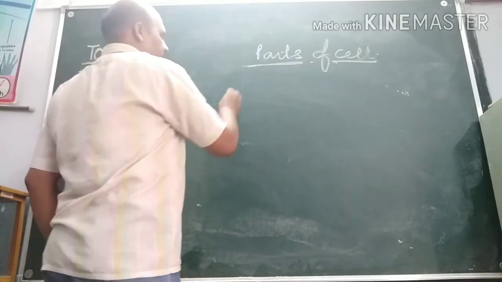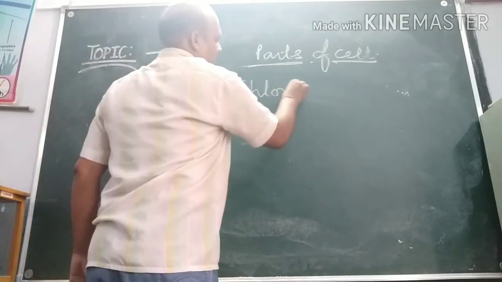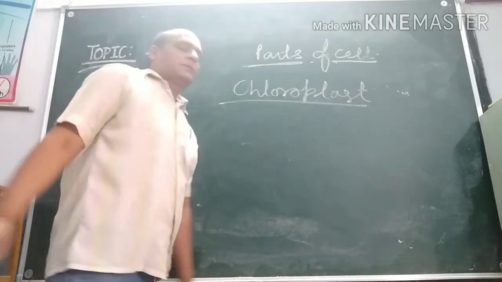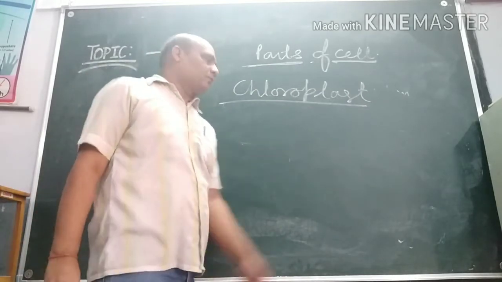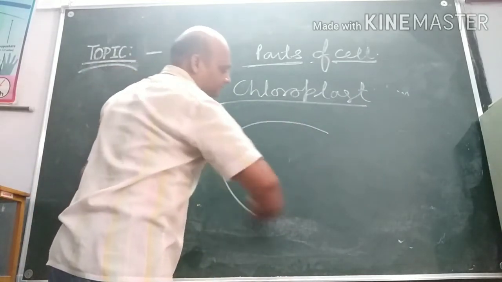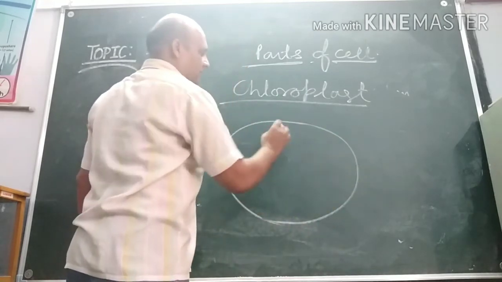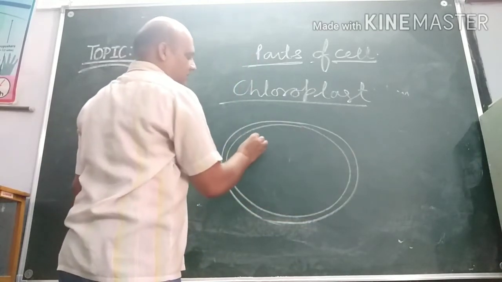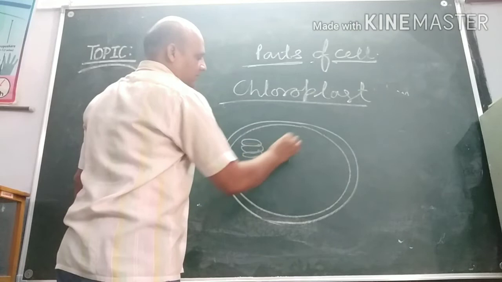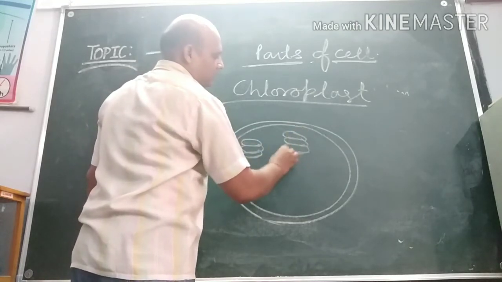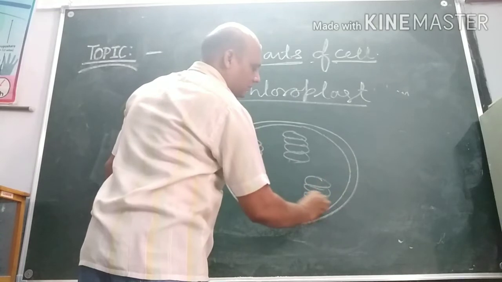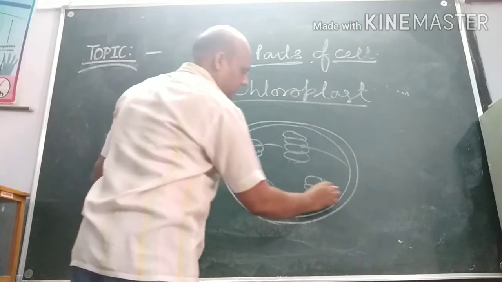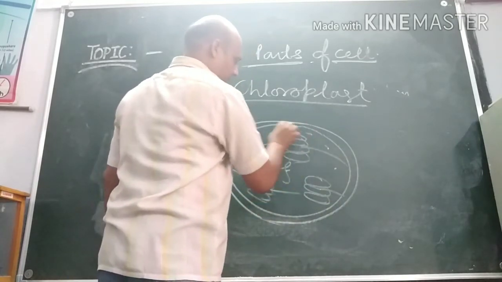Chloroplast. The chloroplast, the green plastid, is composed of chlorophyll. It is a double-membrane-bound structure. It is composed of two units, grana and stroma. It contains its own DNA.